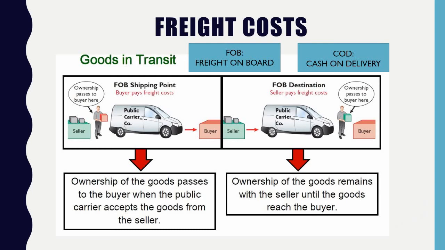Okay? And then once it hits that midpoint and the ownership starts to transfer over, from the midpoint to the buyer's store, the seller is responsible to pay for anything that happens to those items.